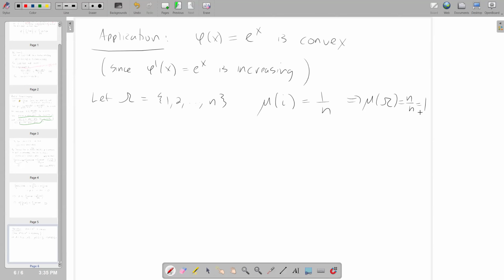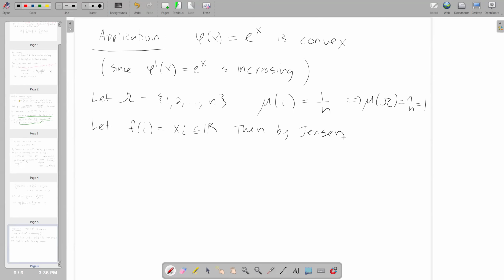So then if we let f of i equal xi, these are real numbers. So this is my measurable function. Then by Jensen. You actually have to think about this a little bit, but it's kind of clear because in this context, every function is a simple function.